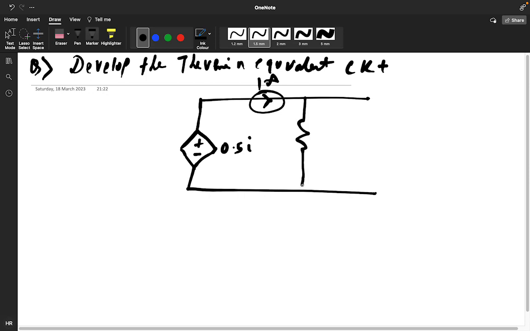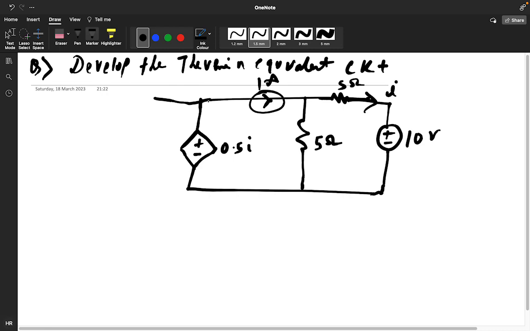Here it is 5 ohm, and here it's given 5 ohm, and your I current is this, positive, negative. This is your 10 volt. Now you need to find the Thevenin's equivalent across this VXY. So how will you do it?